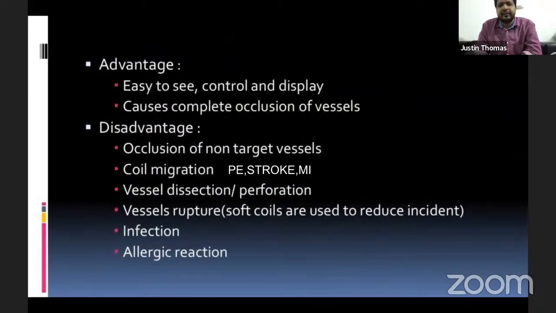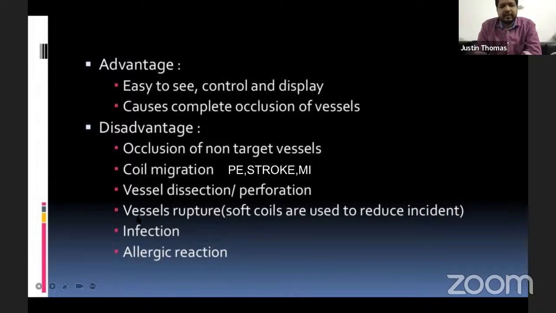It is very easy to see, control, and display, and it can cause complete occlusion of vessels. But if not careful, it can cause occlusion of non-target vessels, and if undersized, there is a higher chance of coil migration, which can cause pulmonary embolism, strokes, and myocardial infarctions.